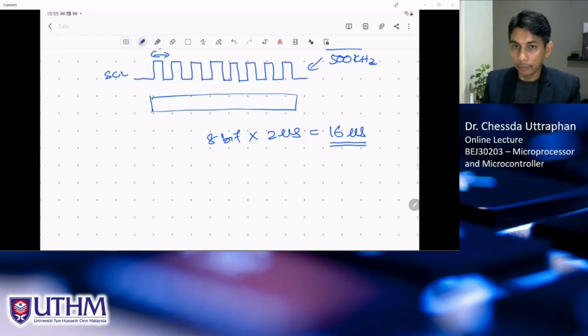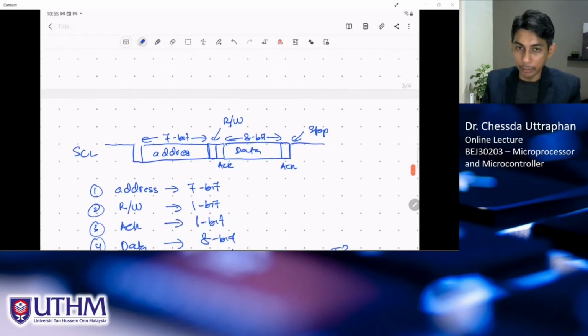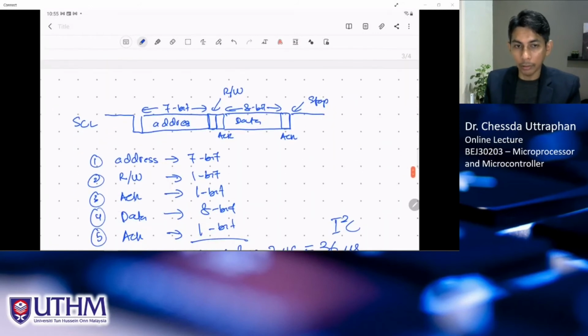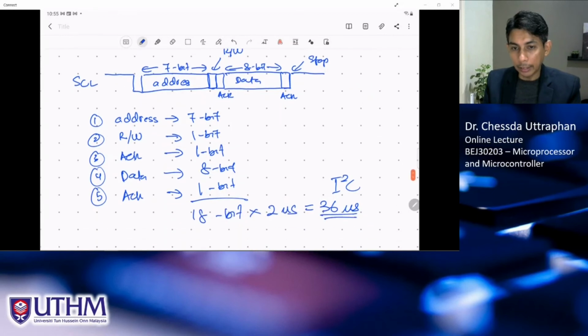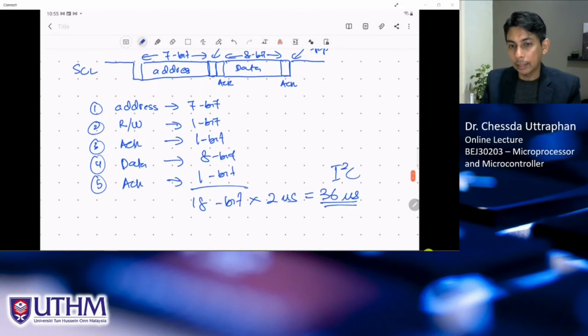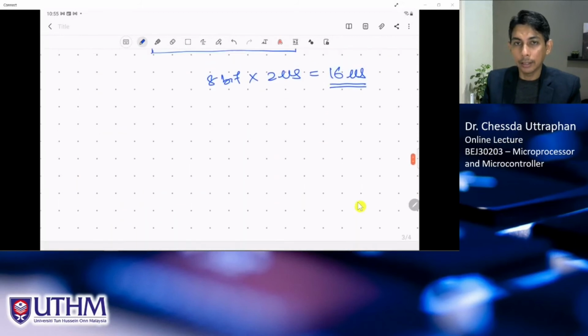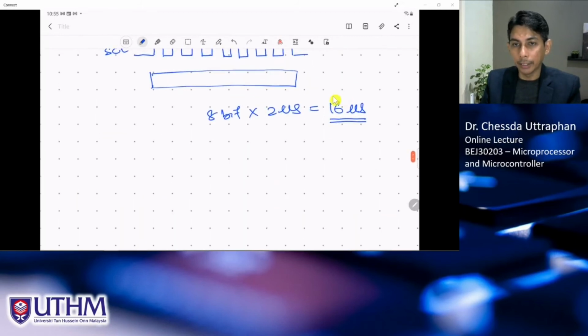That's why we can say that the advantage of the SPI is that it is fast as compared to I2C, because to send 1 byte of data with the same clock frequency, the I2C needs 36 microseconds, but the SPI only needs 16 microseconds.